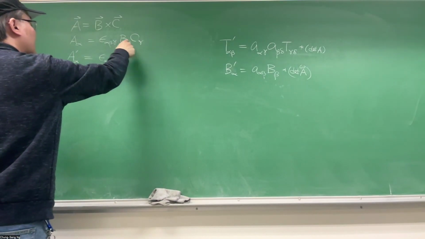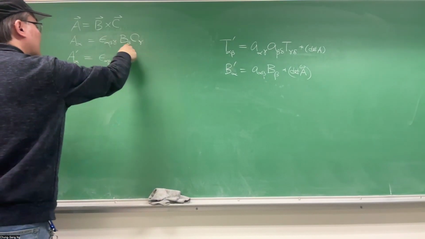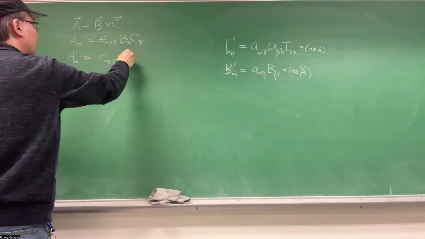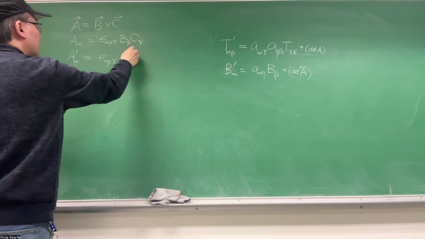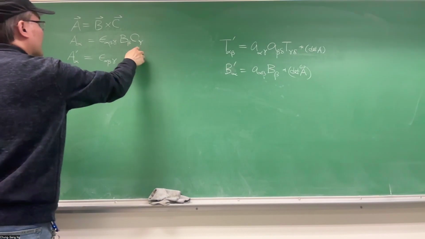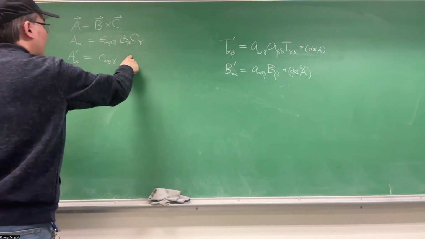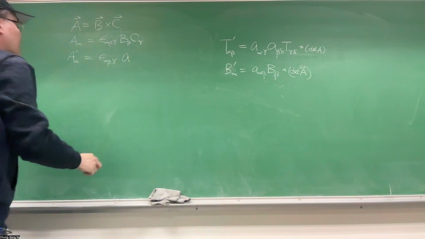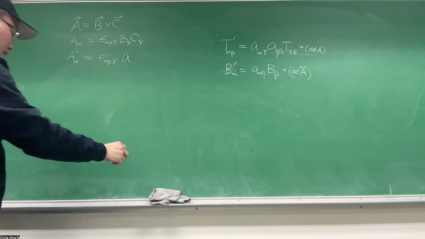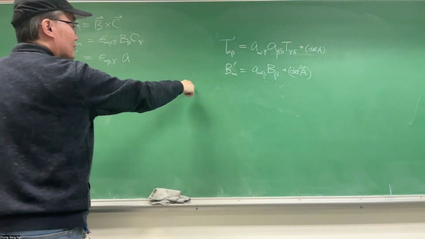Okay, and now this transforms like an ordinary transformation matrix. Say this is beta, right? The transformation matrix.